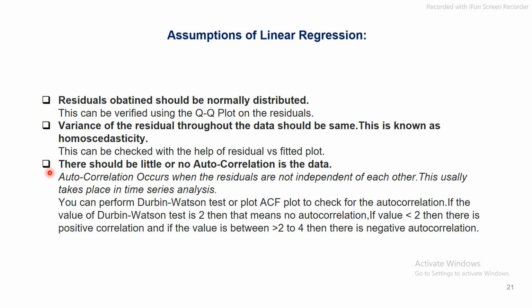Autocorrelation means that no correlation should be there. If two variables are highly correlated, it means the two variables are explaining the same thing. So these are some assumptions.